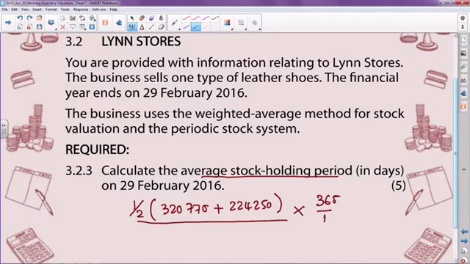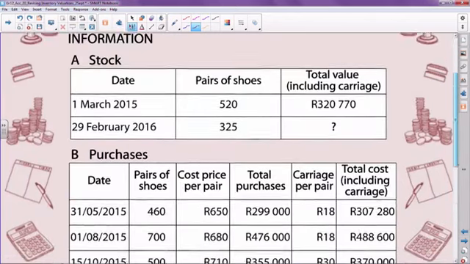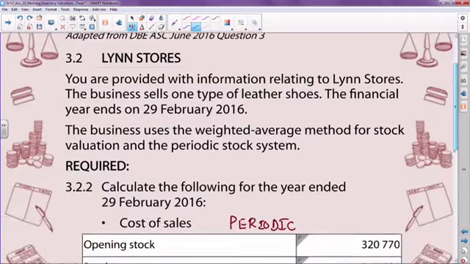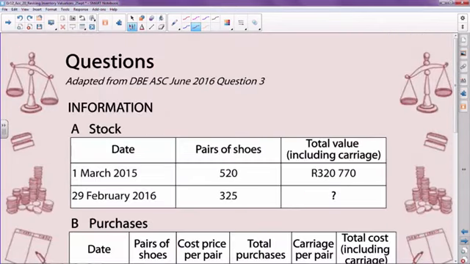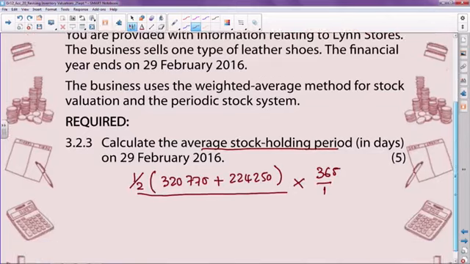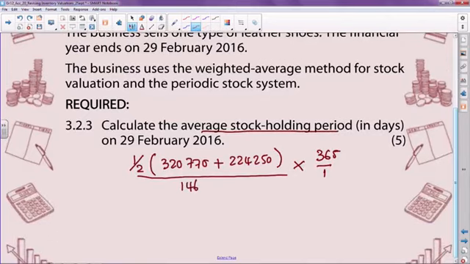My cost of sales was also calculated, and I'm sure you have this question at the back of your minds, but I'm going to answer it for you now. It is 1466250. The question you may have is, if this closing stock figure perchance was incorrect, would you still be benefited by the mark?